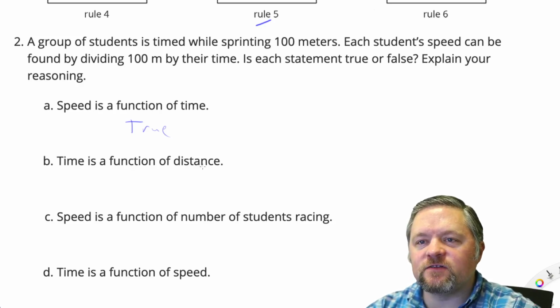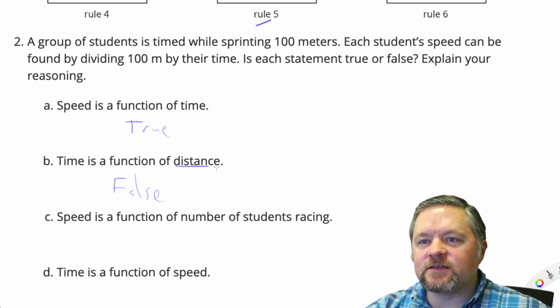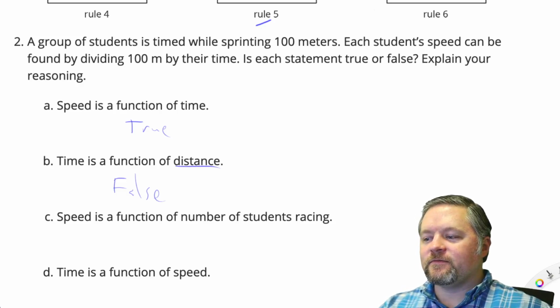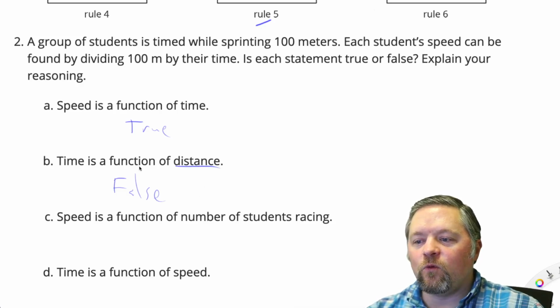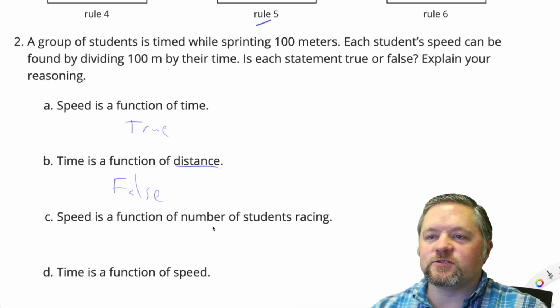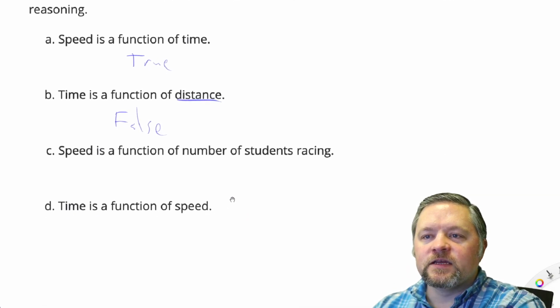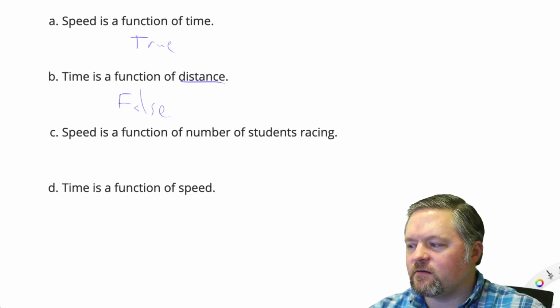Time is a function of distance. That's false because the distance is always 100 meters. So there isn't one time for a specific distance because everyone gets a different time, but the distance is always 100 meters. Speed is a function of the number of students racing?